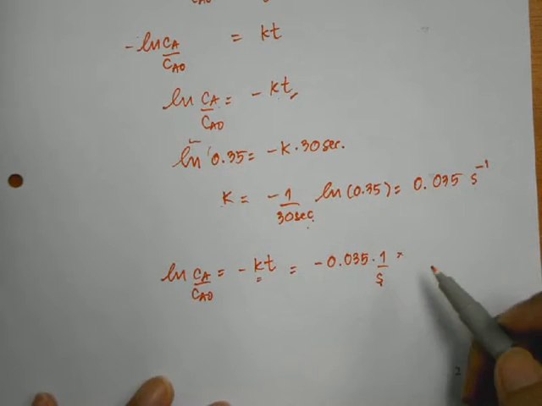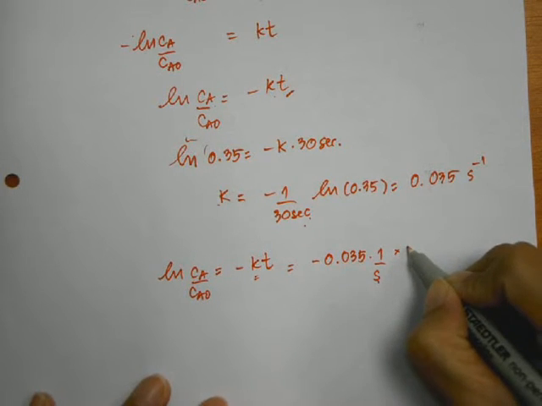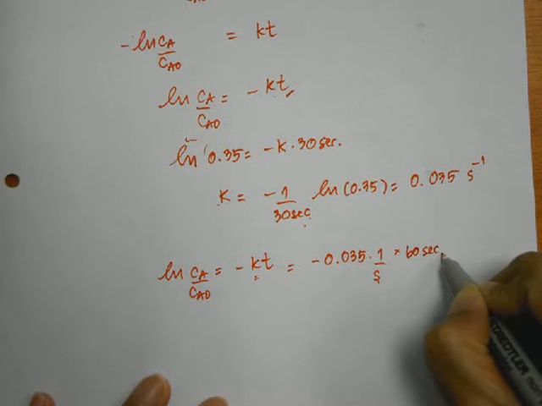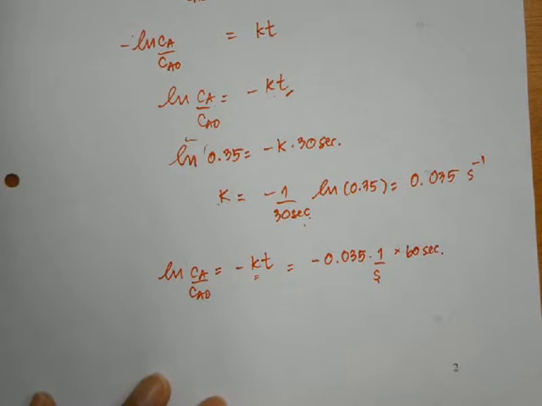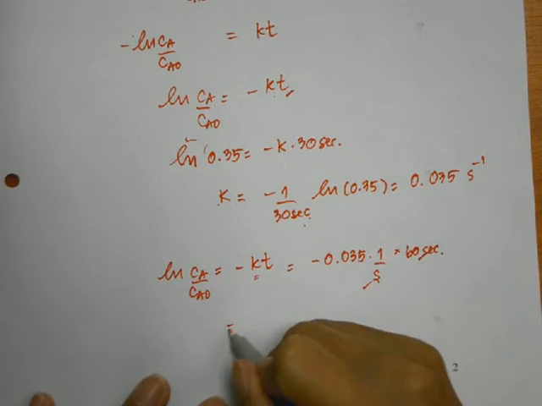But the units of time are still different. 1 minute is equal to what, seconds? 60 seconds. This all cancels out. Okay.